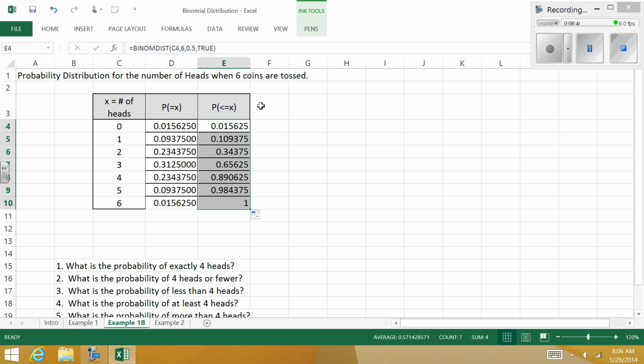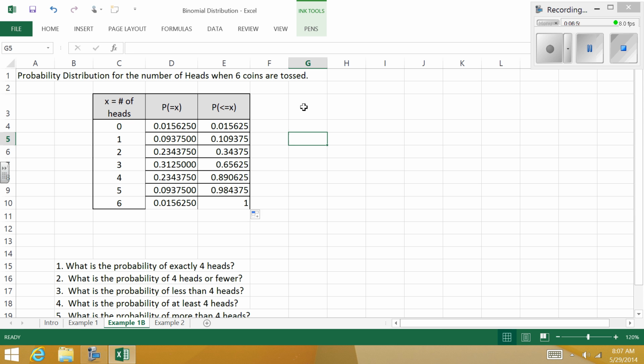And then this second column here, what I'm getting is a running total. Right here, the 0.109, this is the probability of getting 1 or fewer heads. So it's the sum of getting 1 head and getting 0 heads.